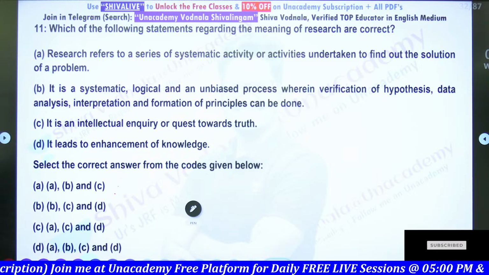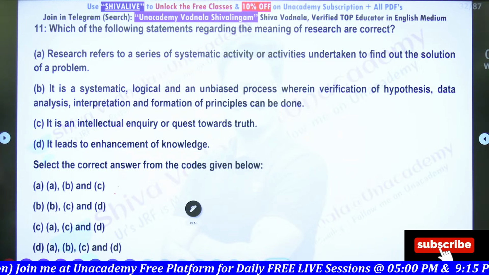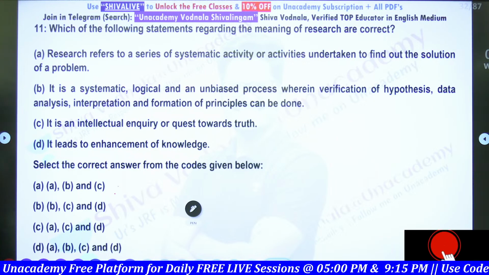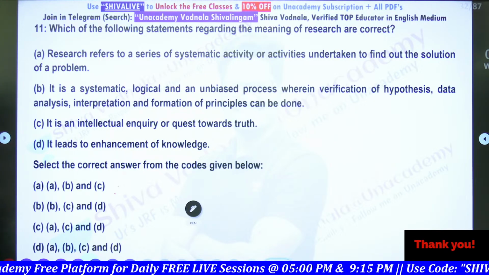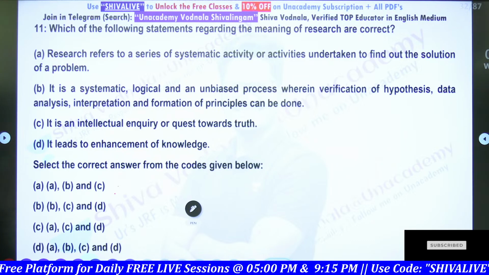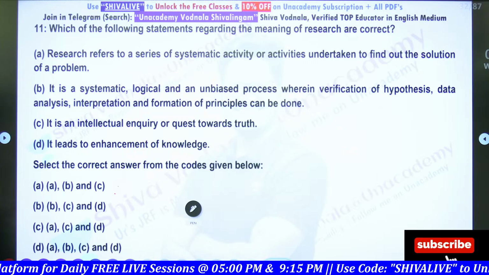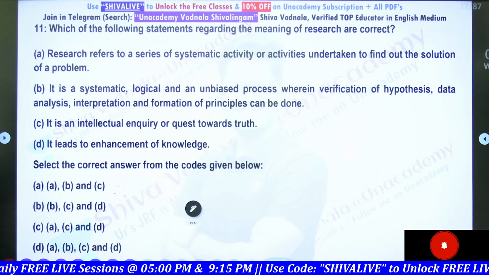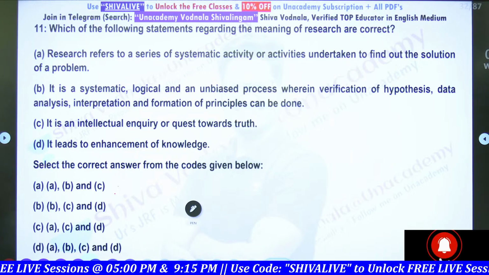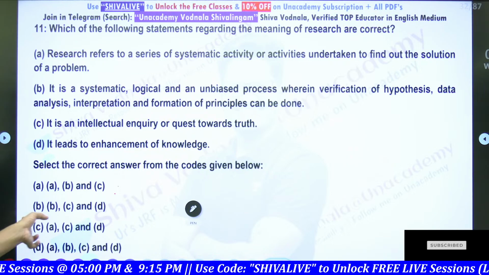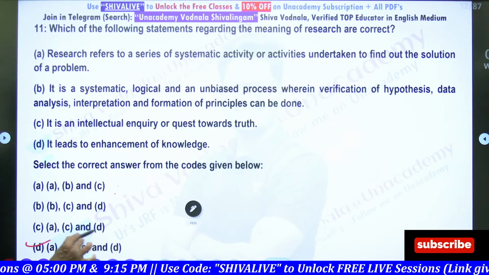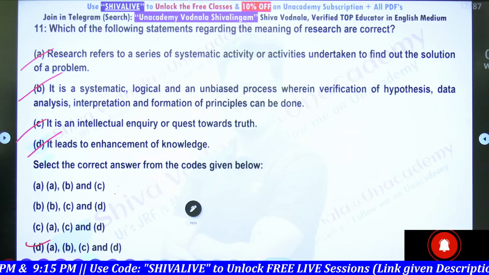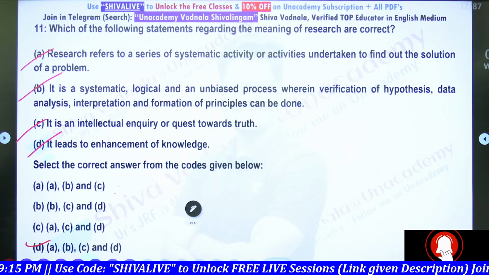Meaning of the research which is correct. Answer is D. A, B, C, D. Total 4 statements, whatever is given, it is falling under the meaning only.